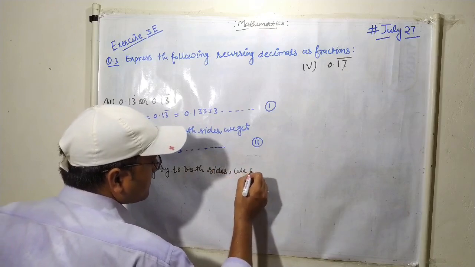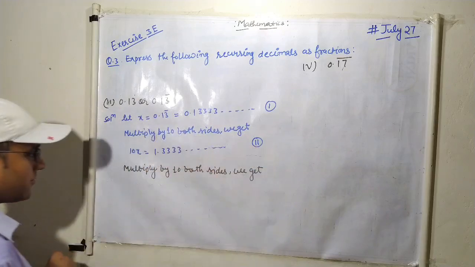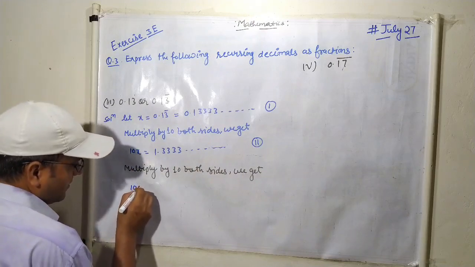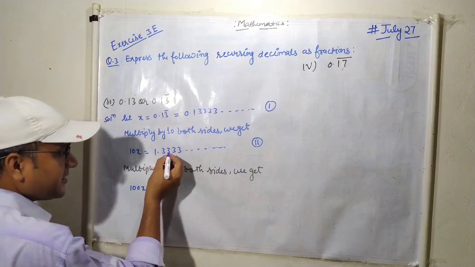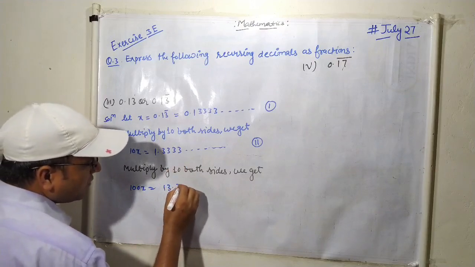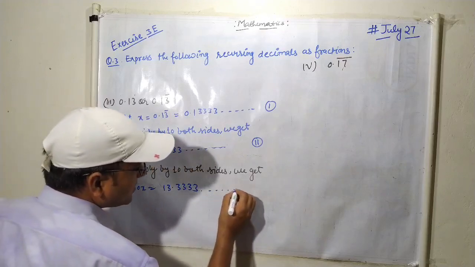In equation second I'm going to multiply 10 both sides. 10 into 10, 100x is equal to, if you multiply 10 in this one, 3 comes to this side, 13 point, again 3 3 3. How many 3s there? 4. So you can write 4 and so on.